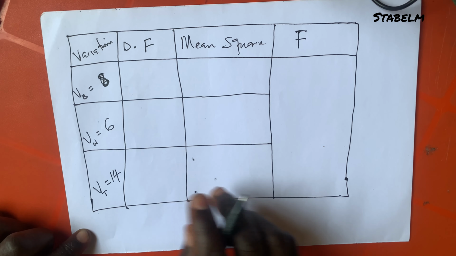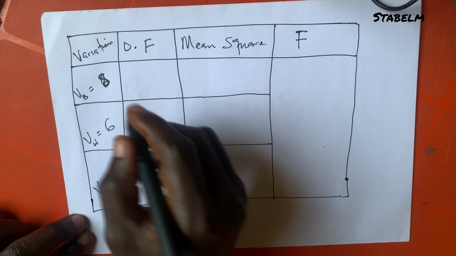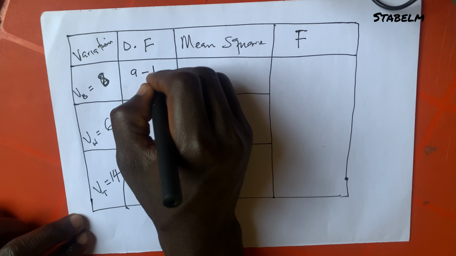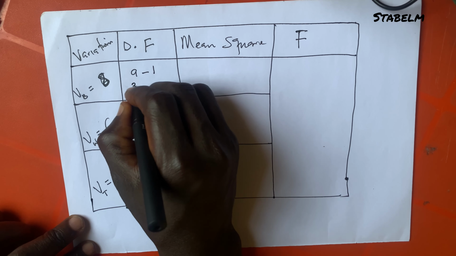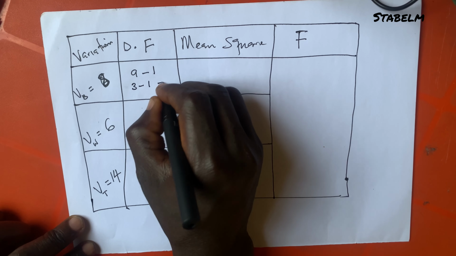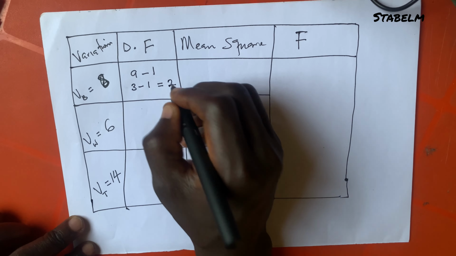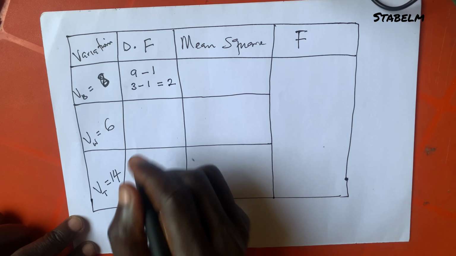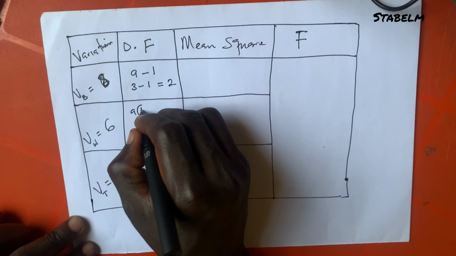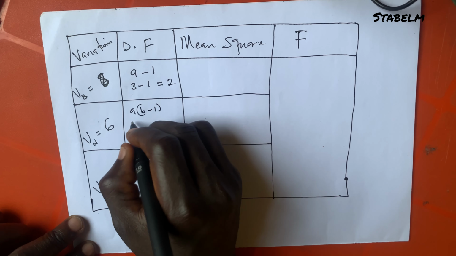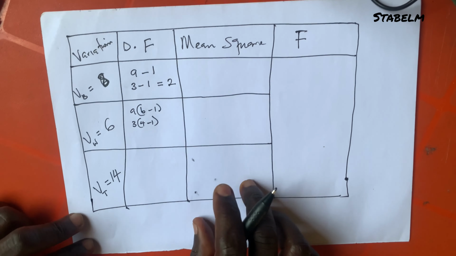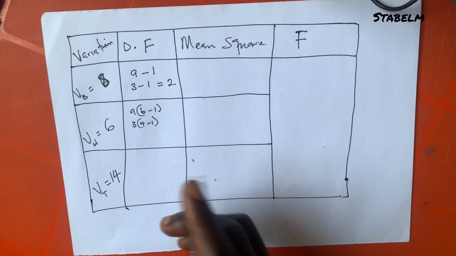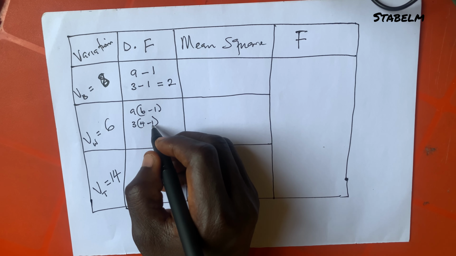Now the degree of freedom. Degree of freedom here we have a minus 1, and as we know our a is 3, so we say 3 minus 1. We're going to have 2 as the degree of freedom here. Here we have a into brackets b minus 1. A is 3, B is 4, minus 1 from the previous slide. So here now say 4 minus 1 give us 3.